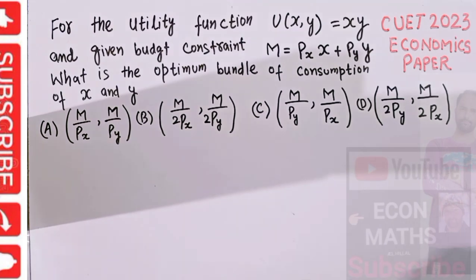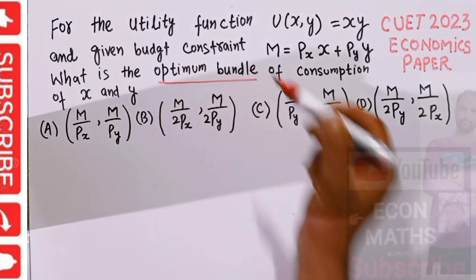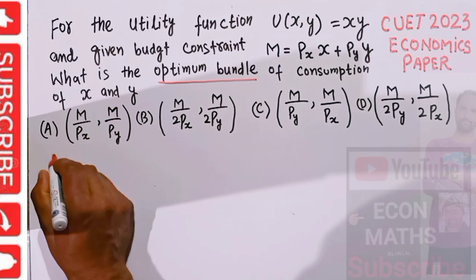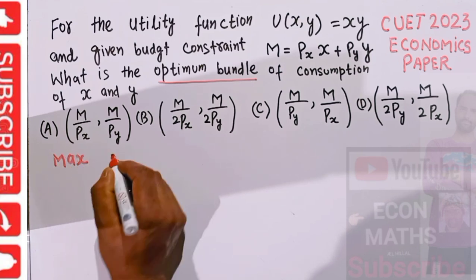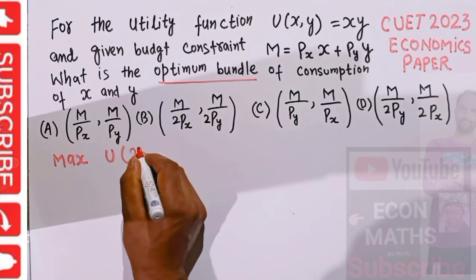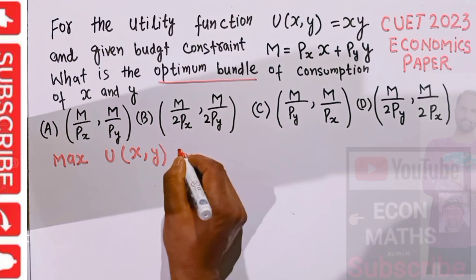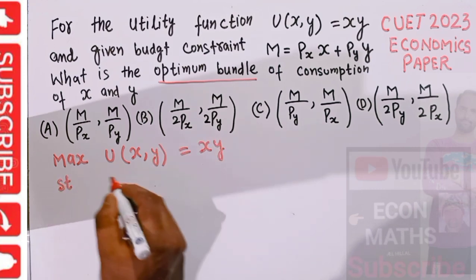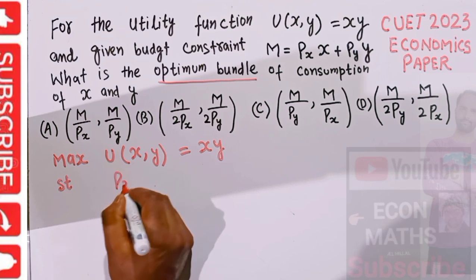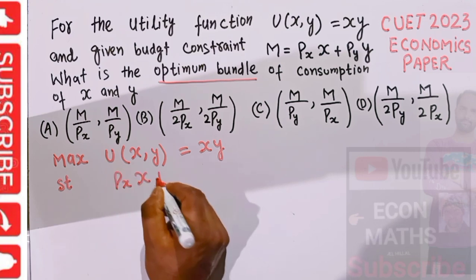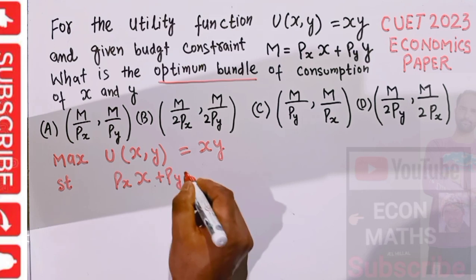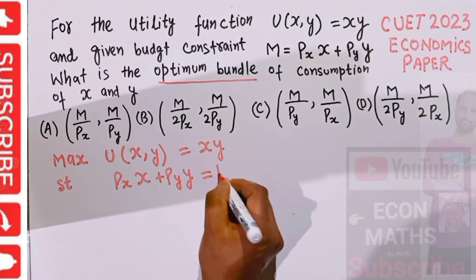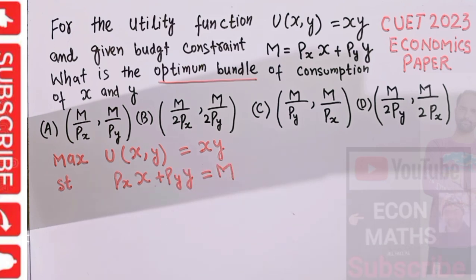Since the consumer wants to find the optimal bundle, that means we want to maximize the given utility function, that is equal to xy, subject to the budget constraint, that is price of x times units of good x plus price of y times units of good y should be equal to the total income of the consumer.